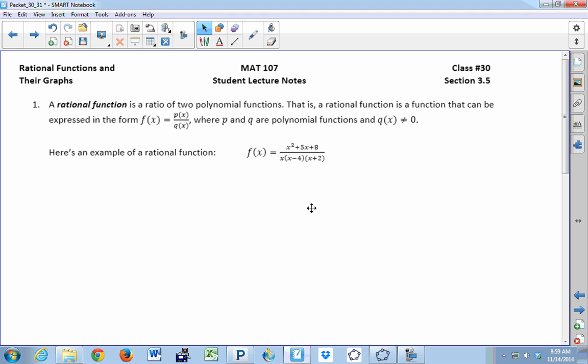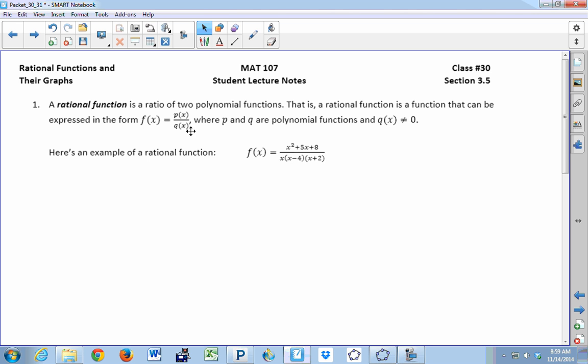So now we're looking at the ratio of two functions. A function is expressed as p of x divided by q of x, where if you looked at p of x all by itself and q of x all by itself, they would both be polynomial functions, which you're very familiar with at this point.